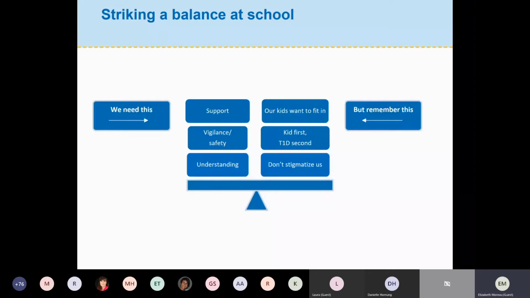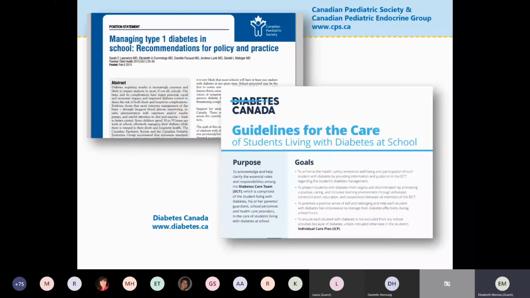So before I get into anything, as Danielle mentioned, I'm not a health professional. I work for an organization of health professionals, and I'm privileged to work alongside pediatric endocrinologists, many of the physicians who take care of your children. And what I want you to know about everything that follows is that all of the information is based on the best available knowledge that has been developed by experts.